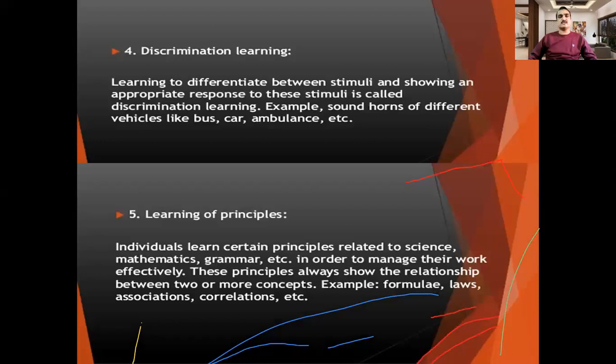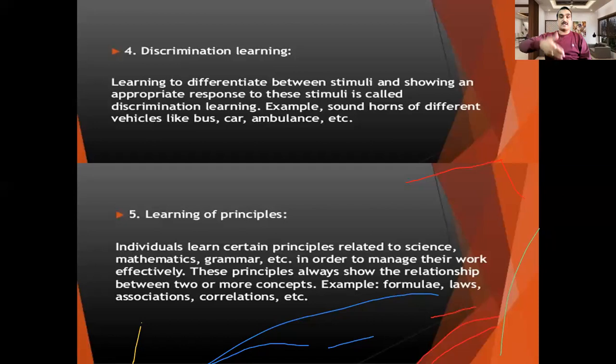And the fourth one is discrimination, differentiating between things. This is a sort of learning which helps us discriminate between different things. Learning to differentiate between stimuli and choosing an appropriate response to these stimuli is called discrimination learning. Usually, based on our experiences, we are in a position to differentiate the past from the present, or the present from the future.